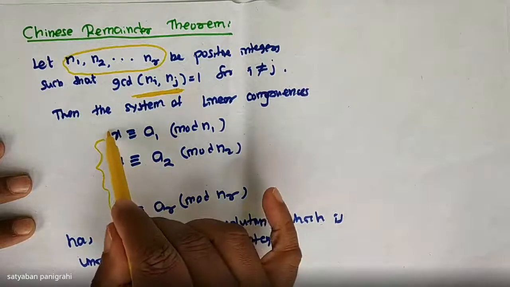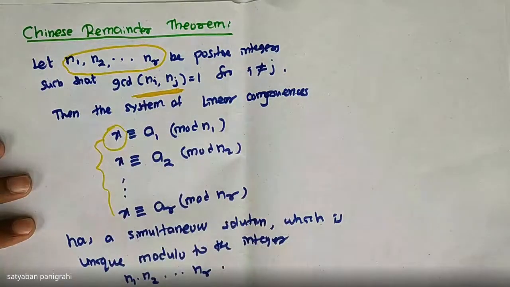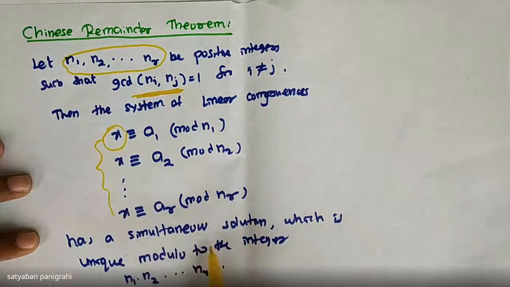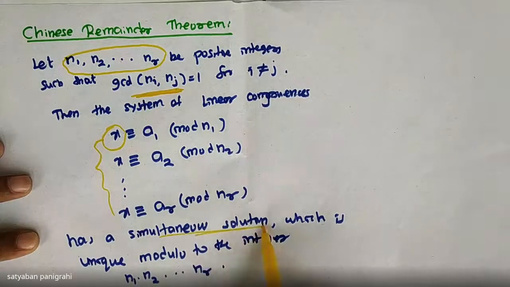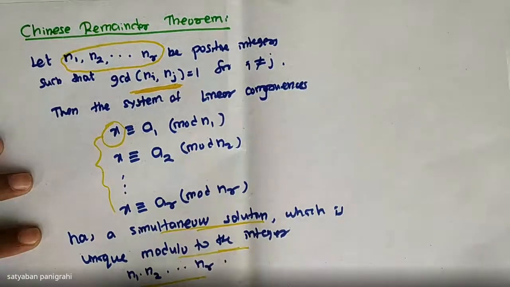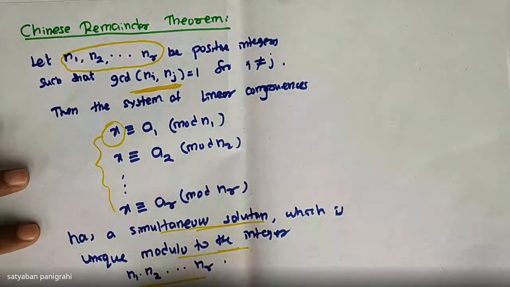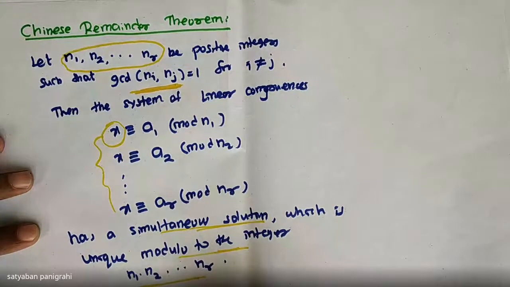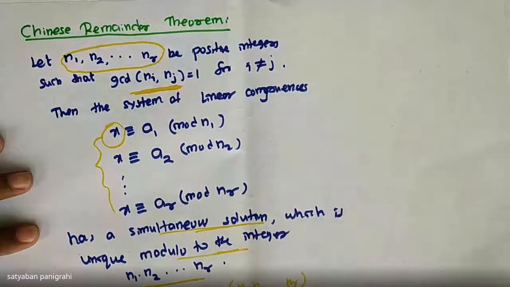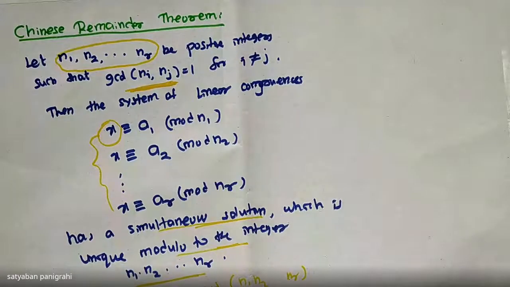We want to find the value of x, and we show that this system has a solution which is unique modulo the product. Means x is congruent to some number mod N1·N2·…·NR.